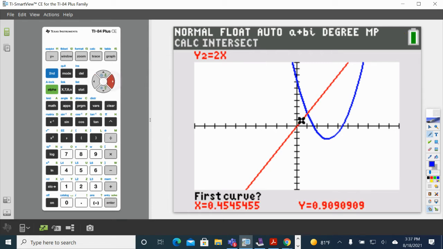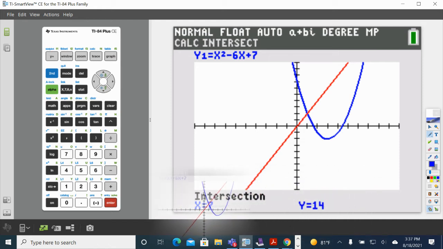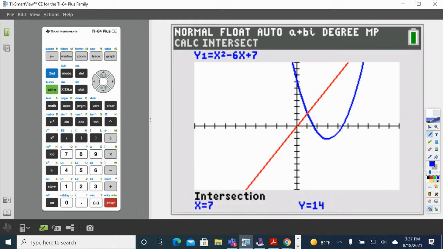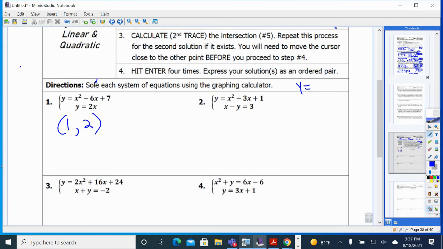Okay, so I'm going to move to the right, and I'm going to get closer to that other point of intersection. I'm going to stop right there. I'm close enough to the other point that it should give me that answer, but I can still see part of my cursor. Now hit enter, enter, enter. Now, you don't see your cursor, but you see down here at the bottom of the screen, it says that the intersection is 7, 14. So that's my other answer, (7, 14).